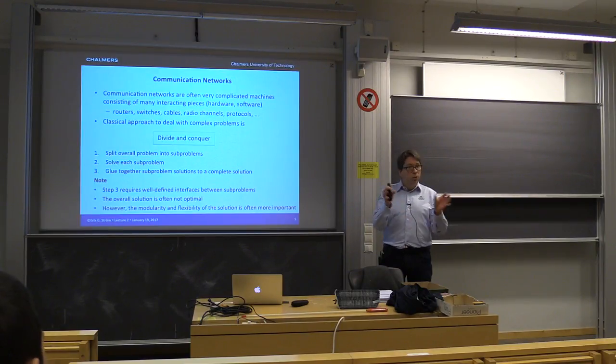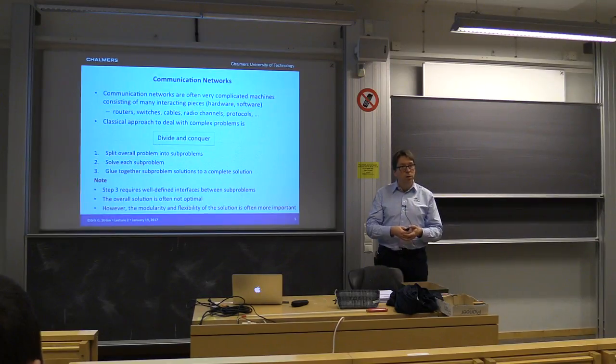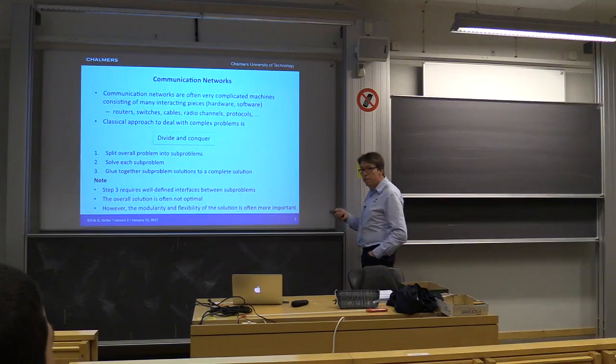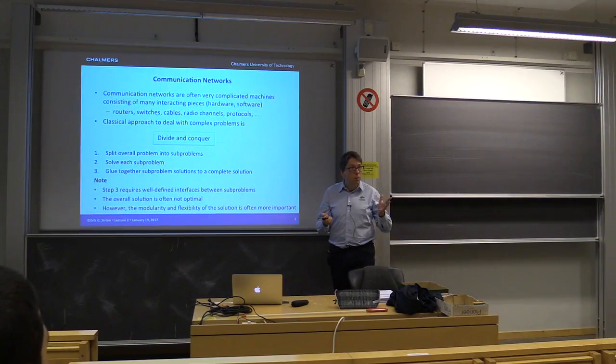And then we make sure that the subsystems that we design can be glued together such that they perform the function that we're trying to accomplish. Communication networks are very, very complicated machines, with many interacting pieces: hardware and software, routers, switches, cables, radio channels, protocols. It's a big mess, right? The classical approach to this is divide and conquer. Okay, so that's what we're going to do here.